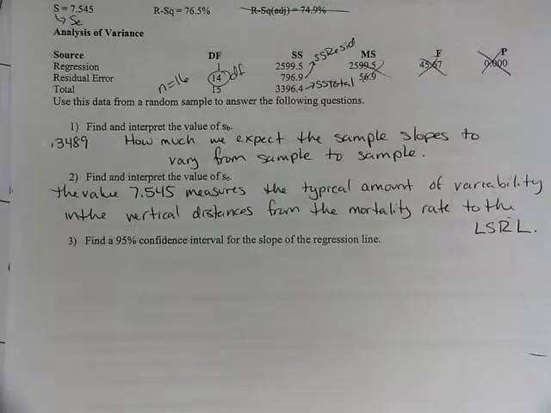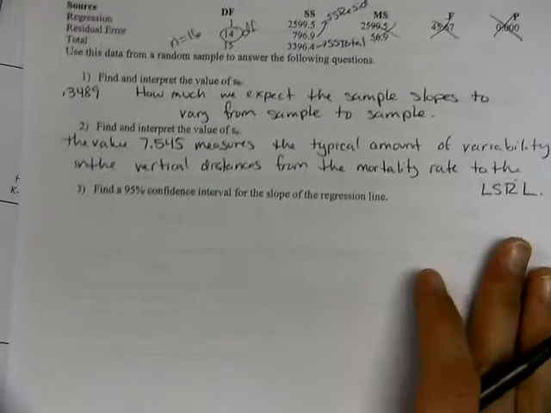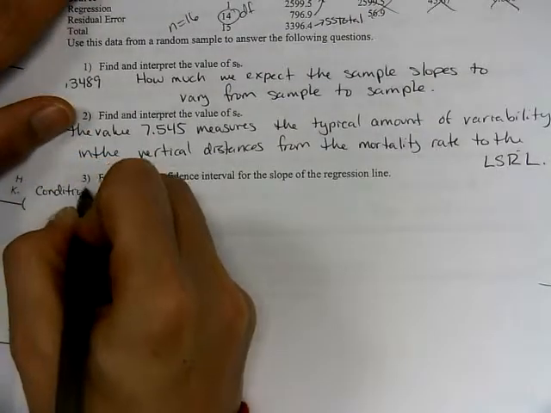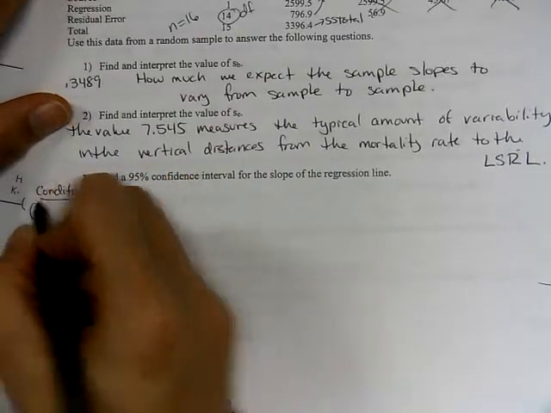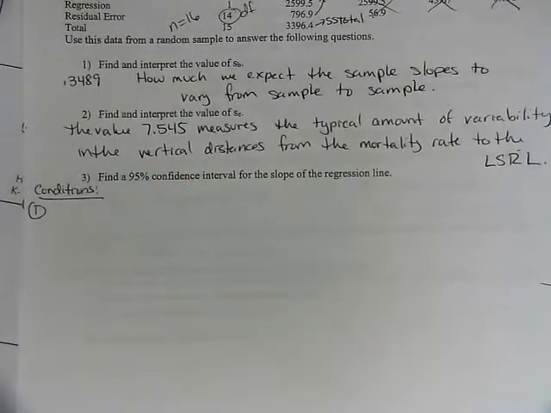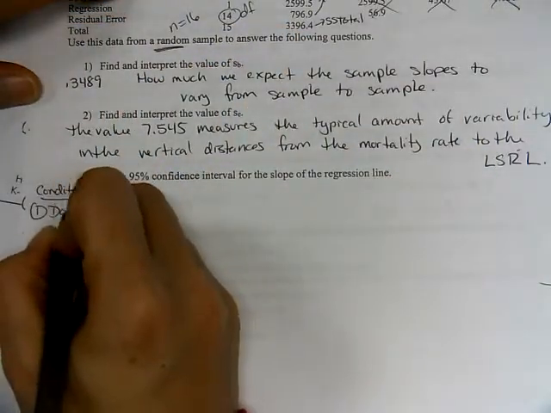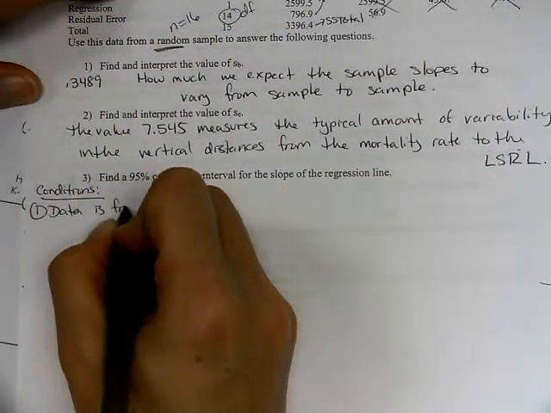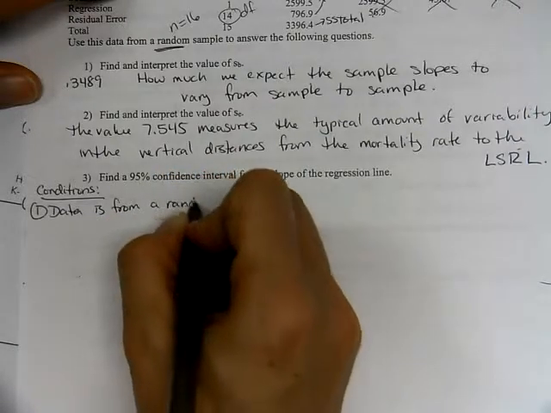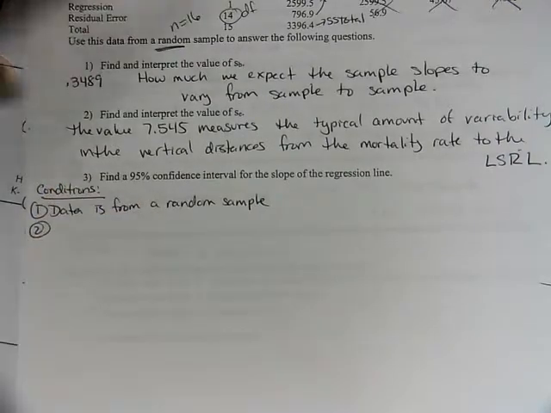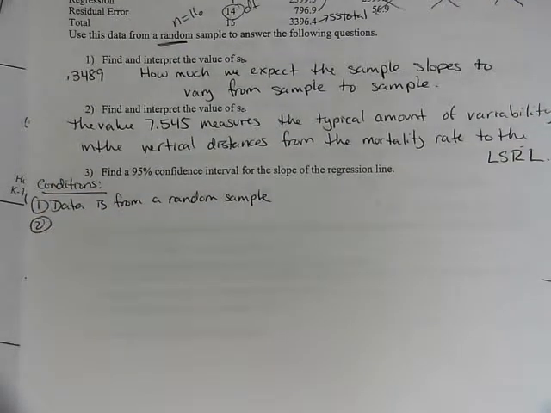Okay, now let's find a 95% confidence interval for the slope of the regression line. For your conditions, first condition is, are you looking at a random sample? Yes, it was given to us in the problem. Data is from a random sample. Two, you want to look at the residual plot, which I gave you.